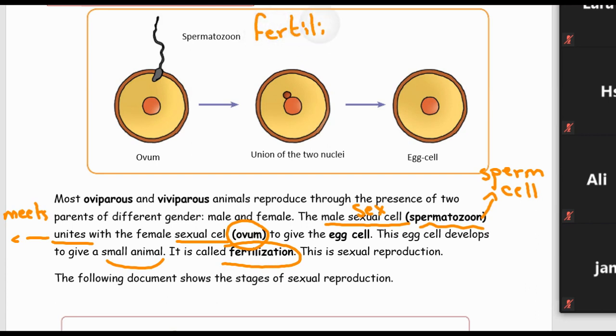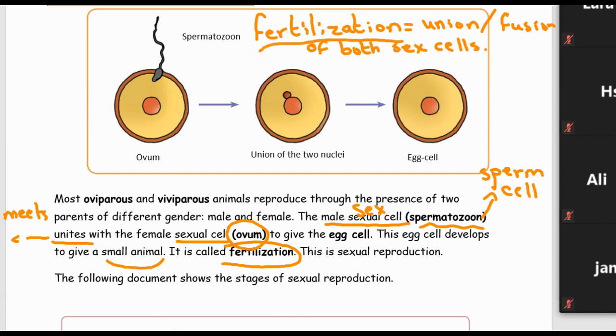Please write its meaning. Fertilization in animals means the union or fusion of both sex cells: the male sex cell, the sperm cell, and the female sex cell, which is the ovum or egg cell. This is about the word fertilization.